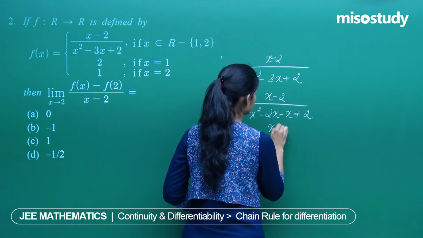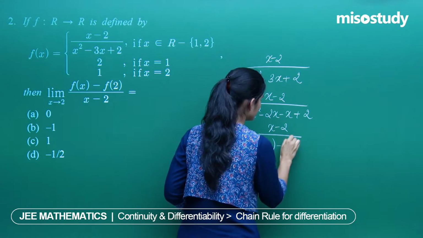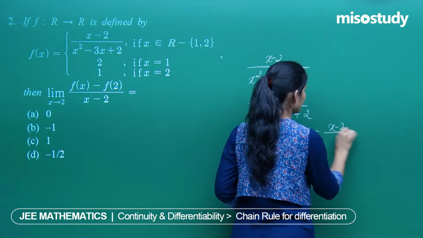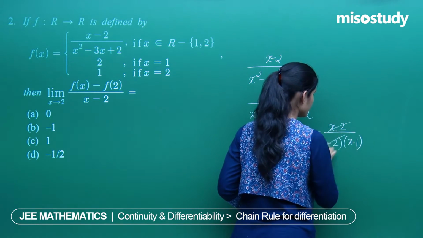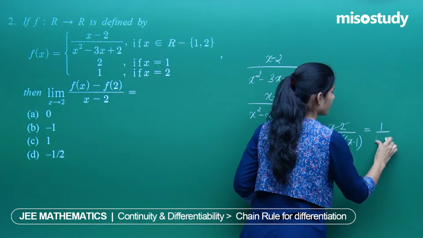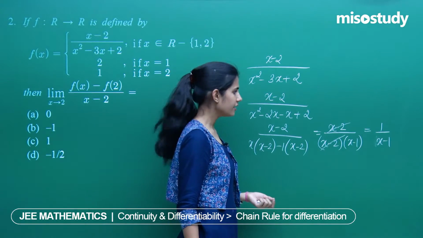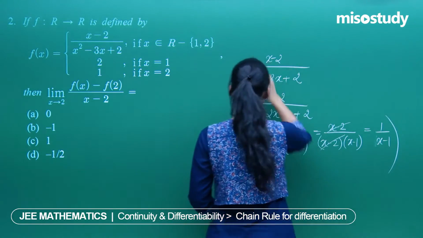So this becomes x minus 2 whole upon x into x minus 2 minus 1 into x minus 2. So eventually you get x minus 2 upon x minus 2 into x minus 1. This is 1 upon x minus 1. Okay? So basically your f of x is 1 upon x minus 1.